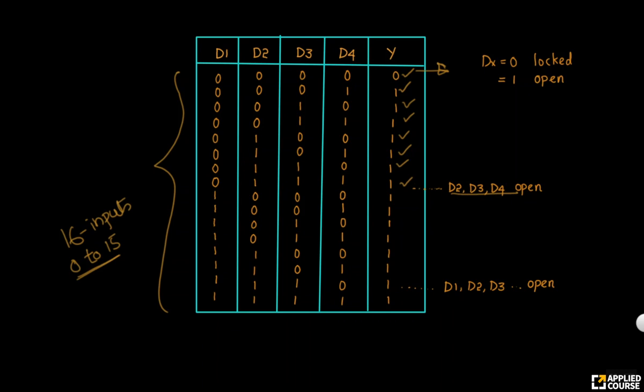So likewise, for all the subsequent combinations, either one or more than one doors are open, hence the alert is to be given. So in all these cases we are giving the alert, because it denotes one or more doors are open.